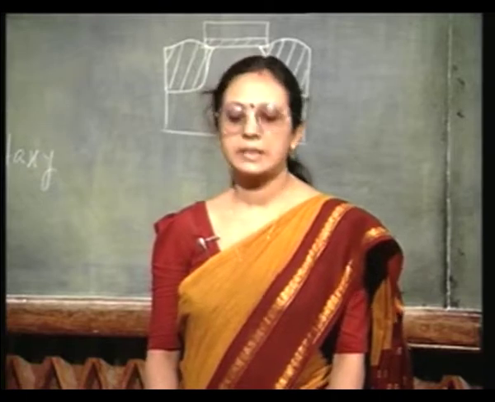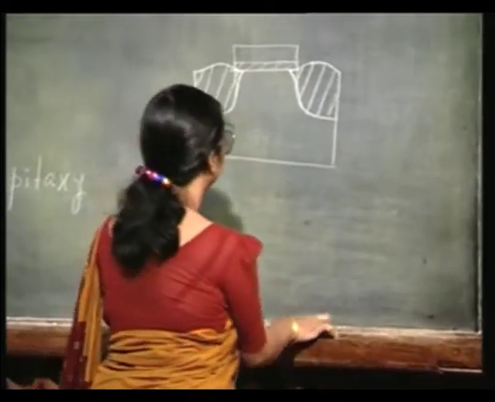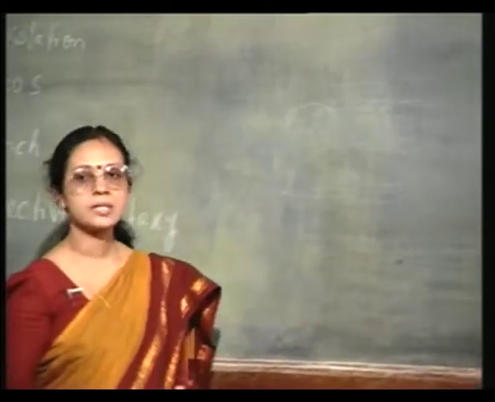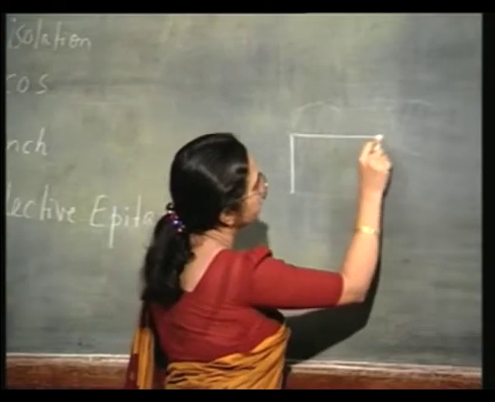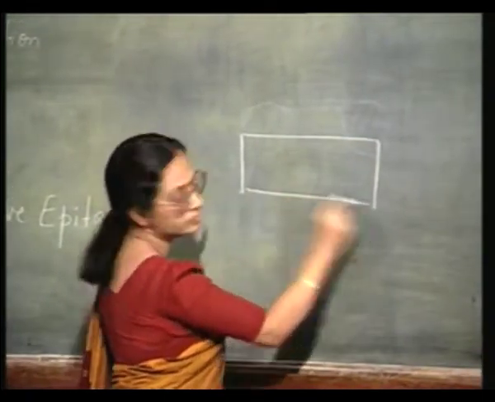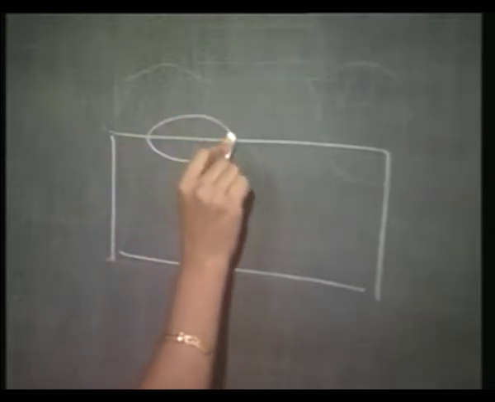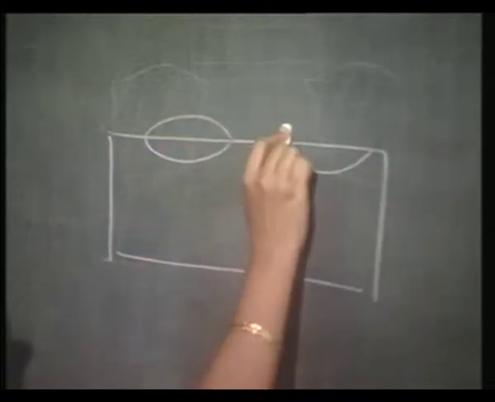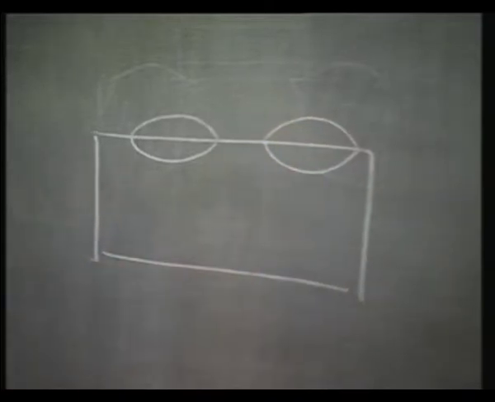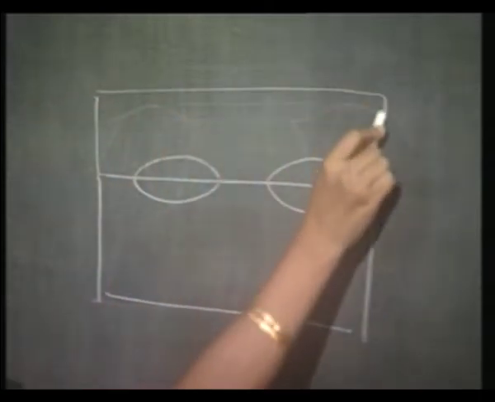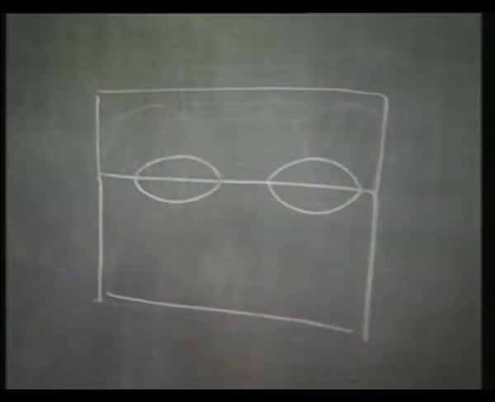What exactly is selective epitaxy? Let us see. Okay, suppose I started with the p-type substrate. I had N plus buried layer here and here. And then normally we have the N epitaxial region all over the place, right. So, a common N epitaxial region was grown for all the transistors.